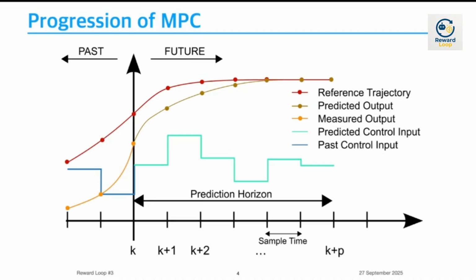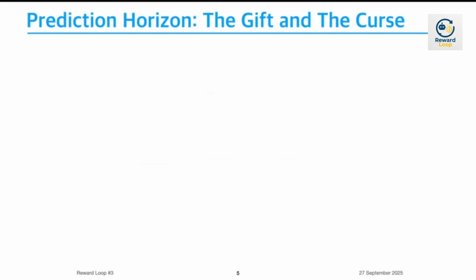This is how the progression of MPC goes on. Which basically tells us that N, the value of the prediction horizon, determines how far we are looking into the future.